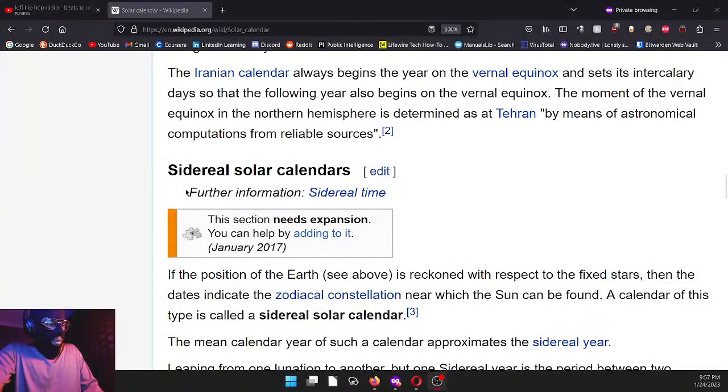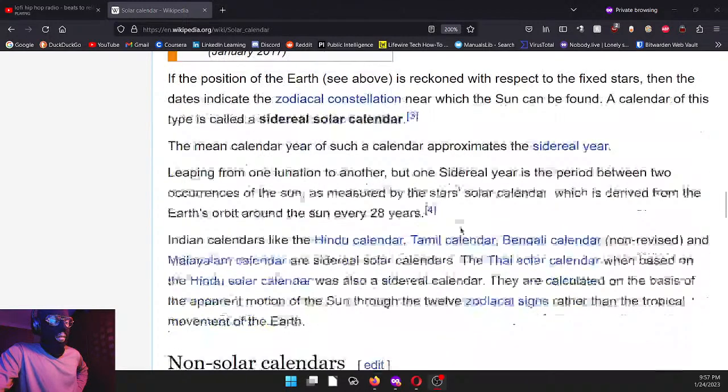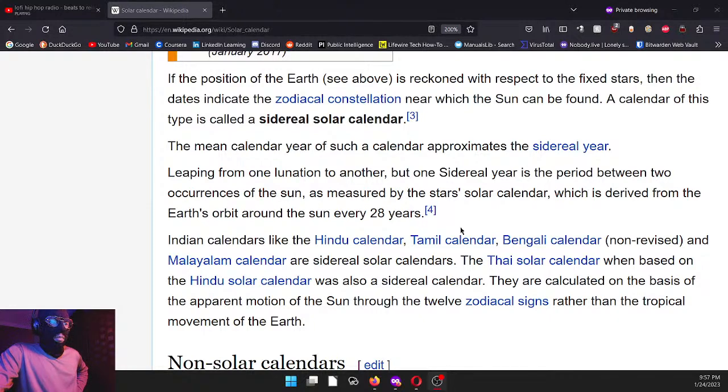There are also the sidereal solar calendars. If the position of Earth, see above, is reckoned with respect to the fixed stars, then the dates indicate the zodiacal constellation near which the sun can be found. A calendar of this type is called a sidereal solar calendar. The mean calendar year of such a calendar approximates the sidereal year.